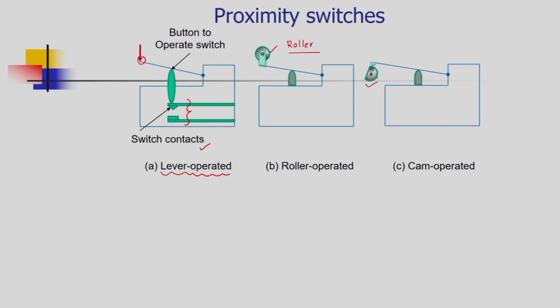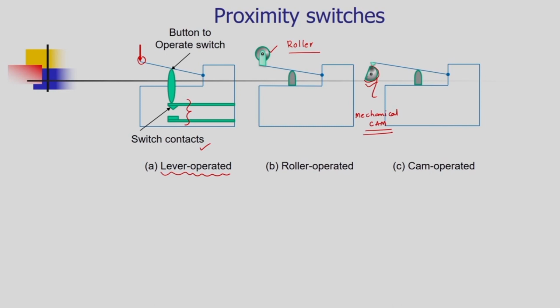Here you can see a mechanical cam, and the shape of the cam will decide the period of contact. Here you can see this is a circular edge. This circular edge will decide for how long there would be a contact of the electrical connections inside the switch.